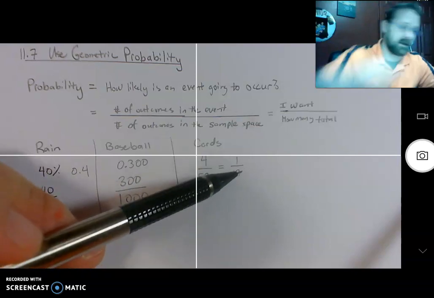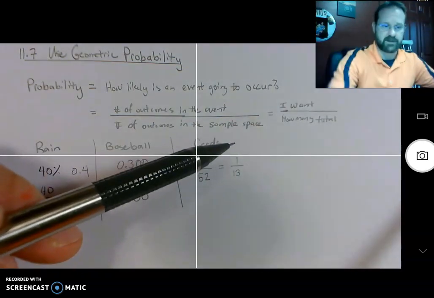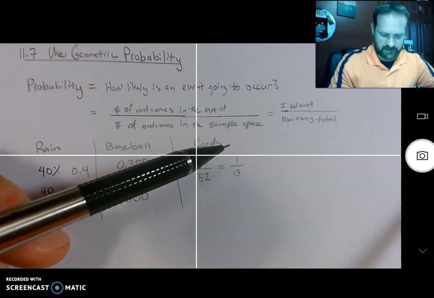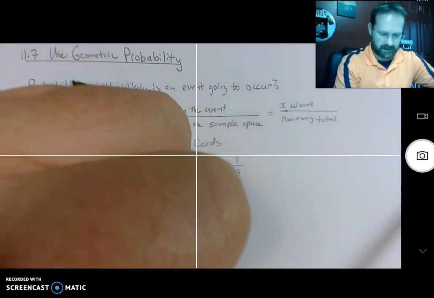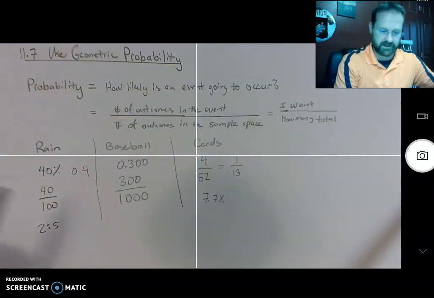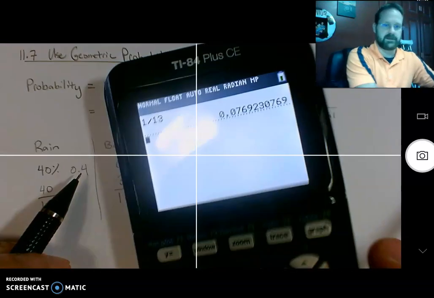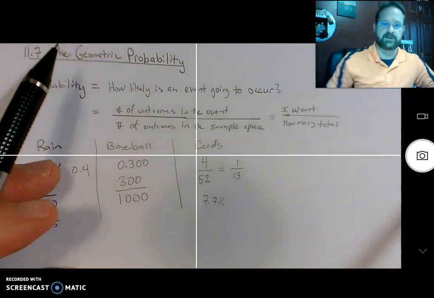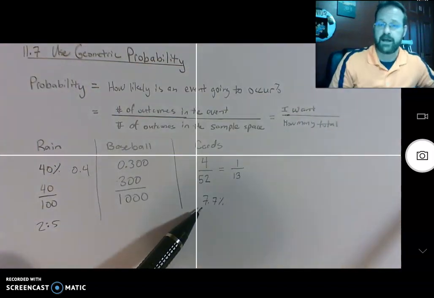What is the decimal approximation? 1 divided by 13 is about 7.7%. So I rounded to 7.7%, a 7.7% chance of drawing an ace.